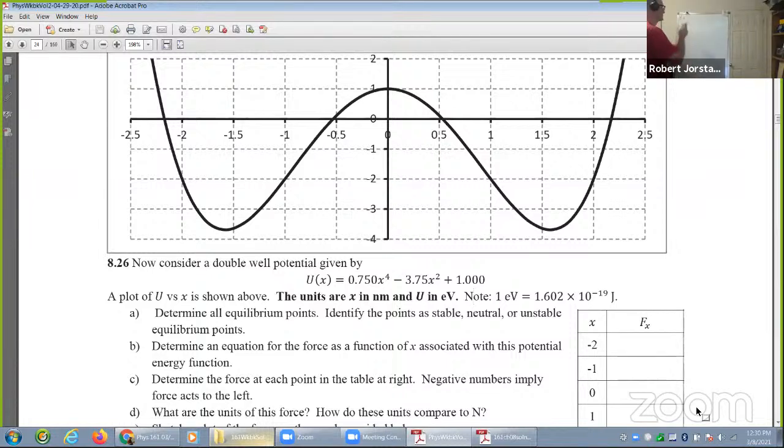Okay, 8.26. It's my attempt to draw that, and I'll write it up.